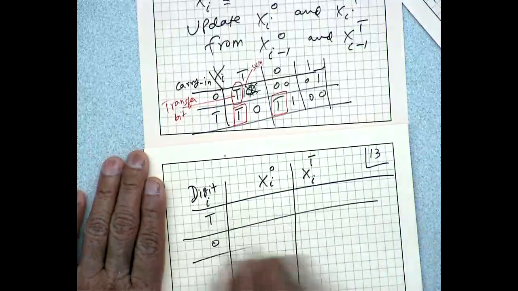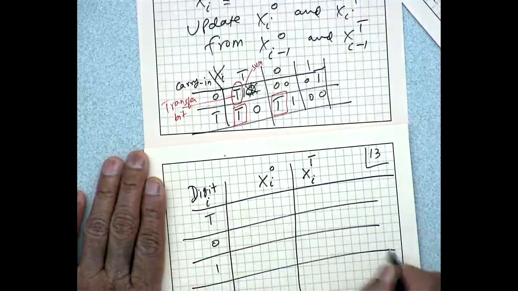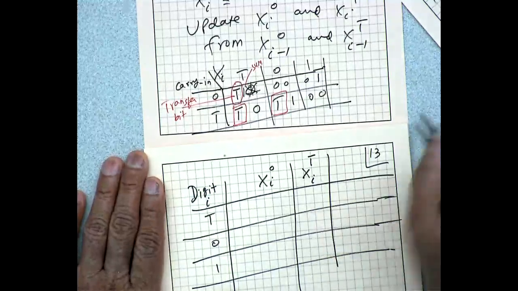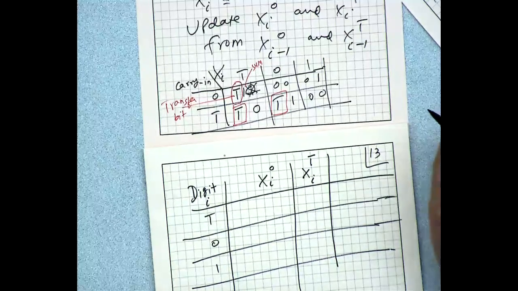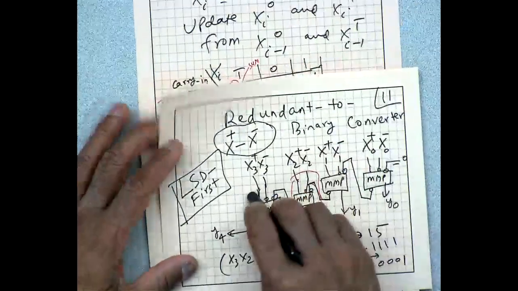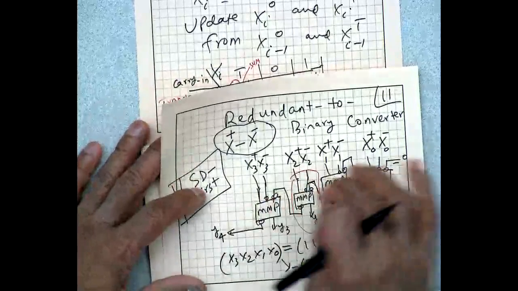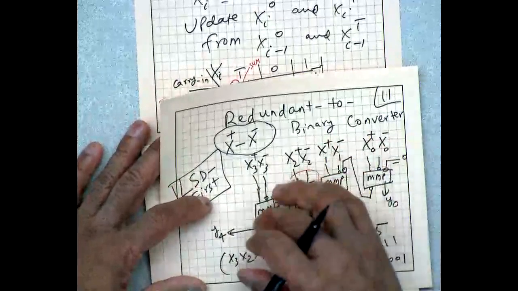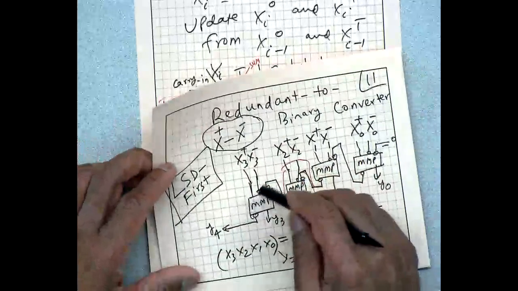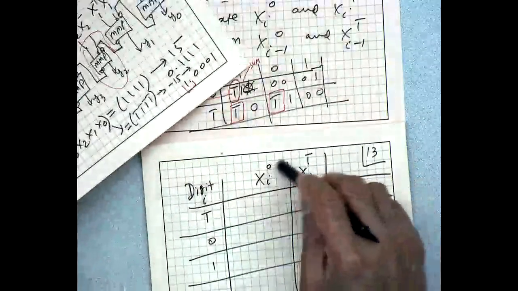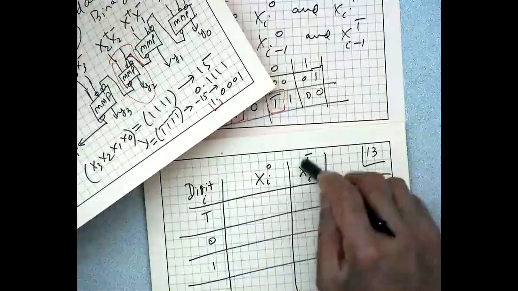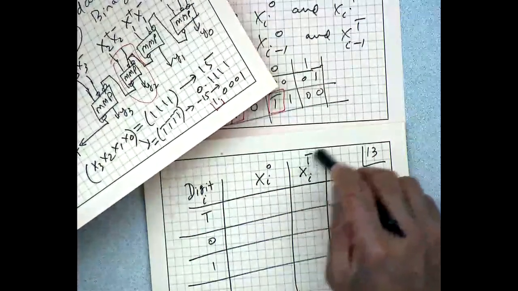So here is what we are interested in. At digit I, as I have moved along, in the very beginning I don't know what the carry coming in is, so at every step we are updating two possible quantities: xi assuming the carry input is 0, and xi assuming the carry input is 1 bar.